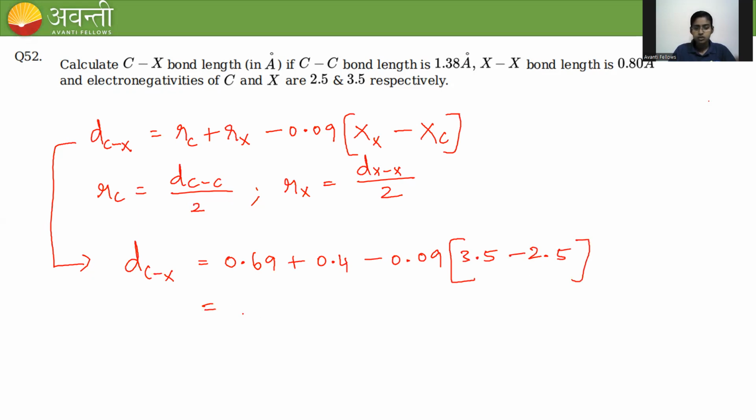So it is equal to 1.09 minus 0.09 into 1, which will be 1.00. So the answer is 1. The bond length of carbon-halogen is 1 angstrom. Okay.